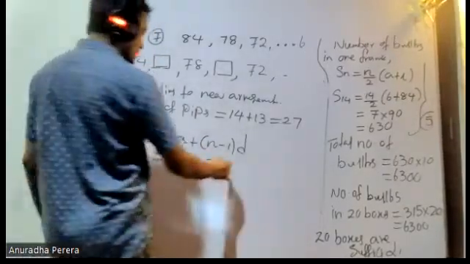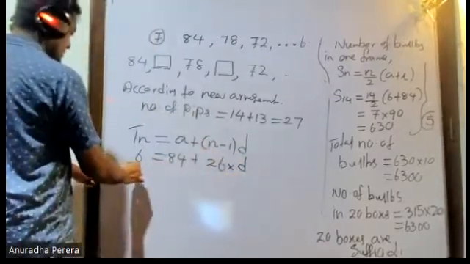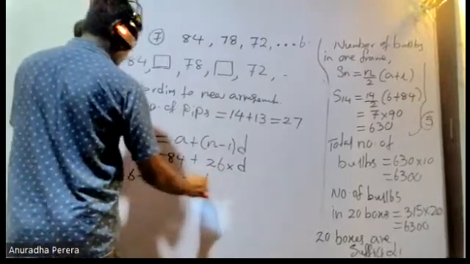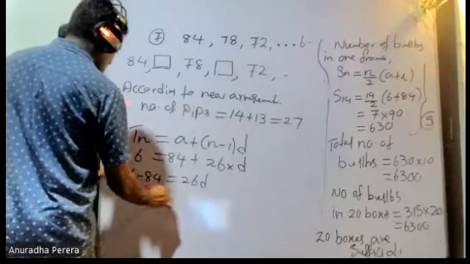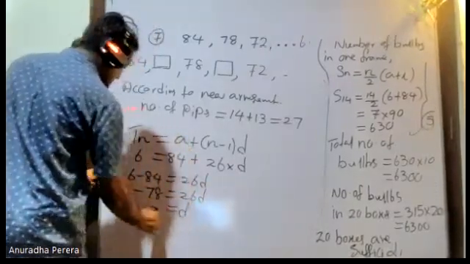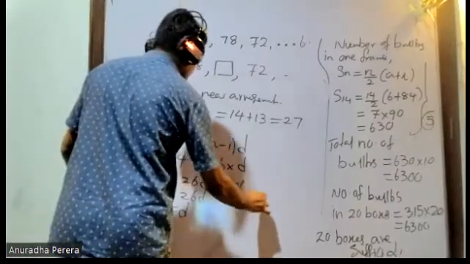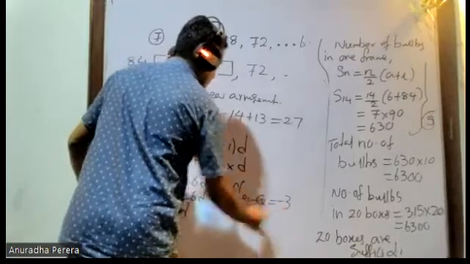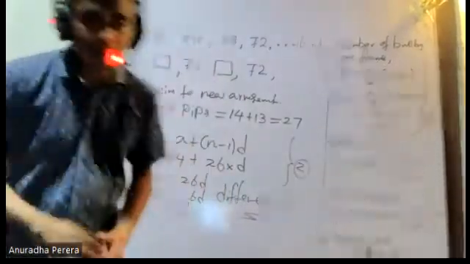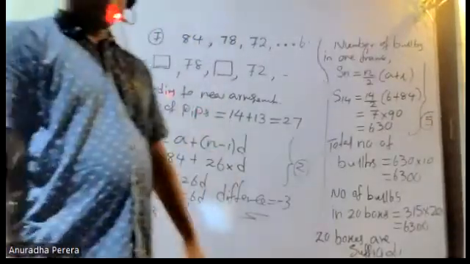So 6 minus 84 equals 26d, minus 78 equals 26d, d is minus 3. That means the difference is minus 3. 2 marks.